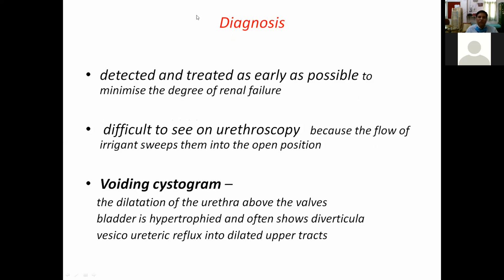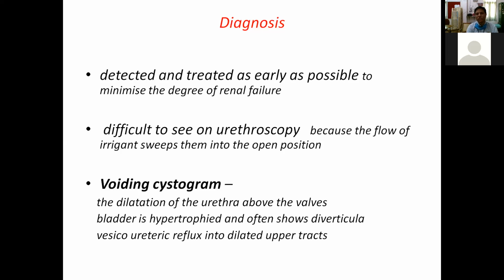The importance of the diagnosis is that it should be detected and treated as early as possible to minimize the degree of renal failure. The second drawback is that it is difficult to see them on urethroscopy. Routinely, if you go for urethroscopy, you do not see them.